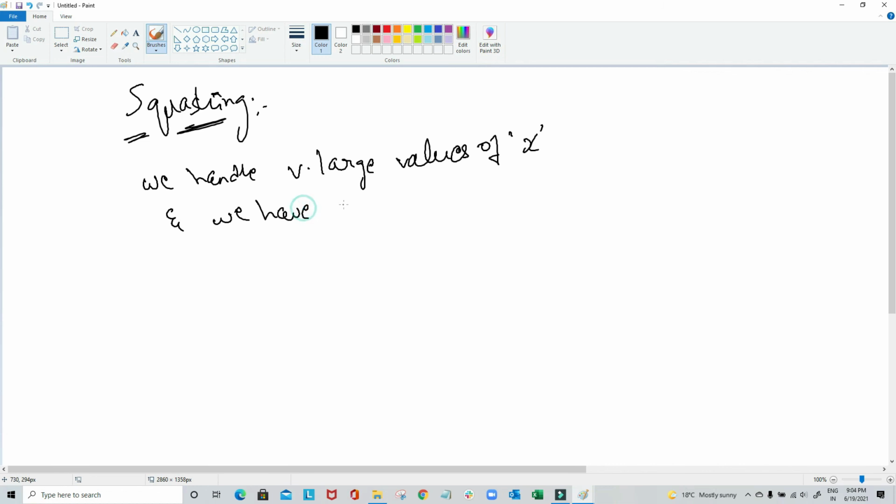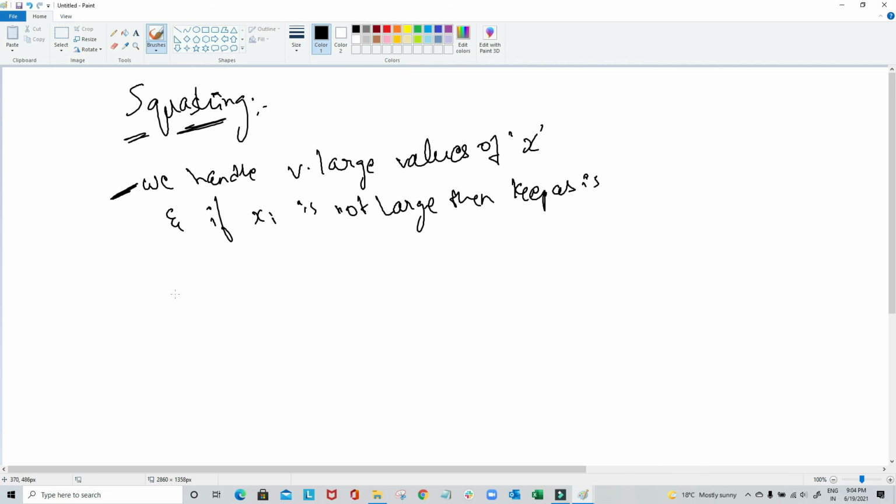If xi is not large, then keep it as is, which states that we have to identify a function which takes care of these large values of x.